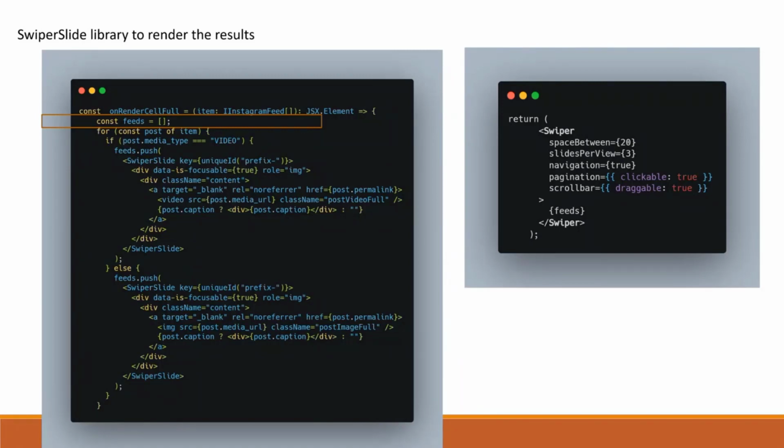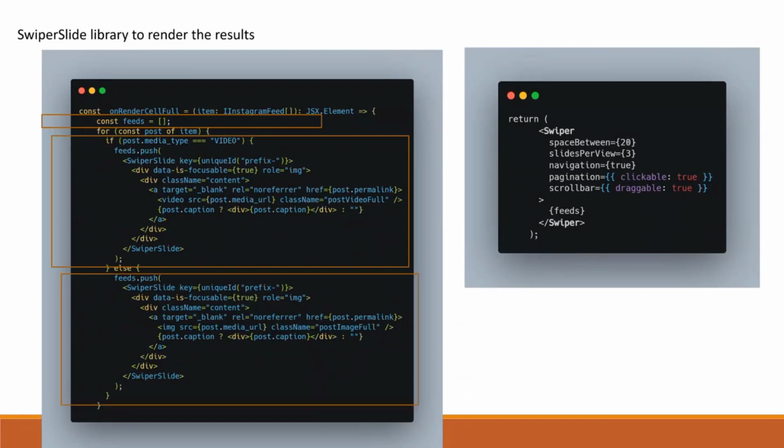I'm using the React Swiper library for that. That's where the Swiper Slide control comes from. Depending on the media type, whether it's a video or an image, I'm using the correct control; otherwise I'm just displaying an image. And finally, I have a Swiper parent control to which I'm passing the child Swiper Slide controls to get the display that I've shown earlier in the demo.